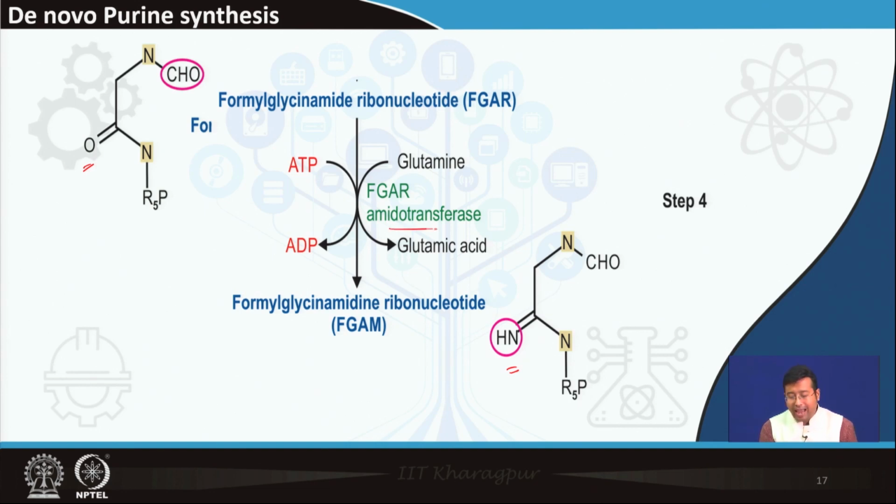So, the enzyme is amidotransferase, right, and formyl glycinamide ribonucleotide becomes formyl glycinamidine ribonucleotide, which is abbreviated as FGAM. Okay. So, this is the step where the O is converted to an NH group. Okay. Basically, a keto form is becoming an amine form, right.